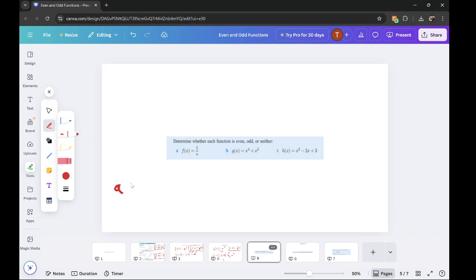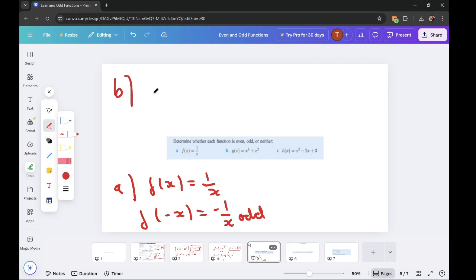We have f of x is equal to 1 over x. So f of negative x will obviously be negative 1 over x. This is an odd function. Odd. Clear? Now let's move on to b. g of x is equal to x to the power 4 plus x squared.